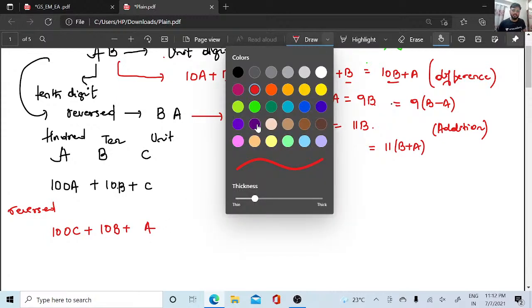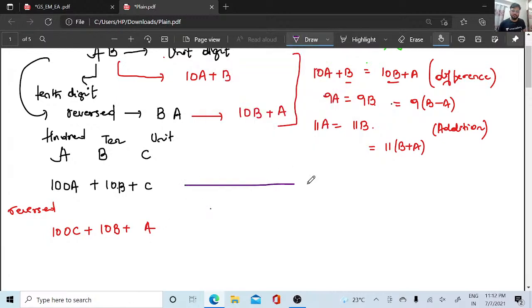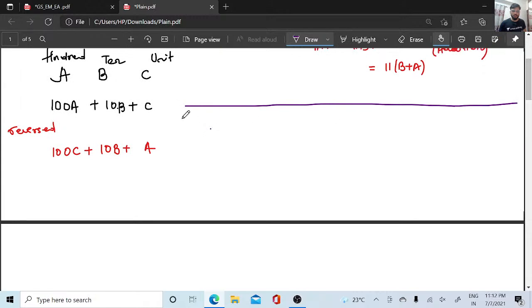So in such questions, let me draw a line here. Always in such questions, they will be telling you the sum of two numbers. Whenever they tell the sum of two numbers, you always signify it as x plus y is equal to some number.